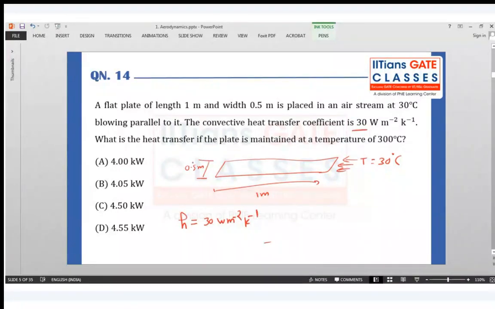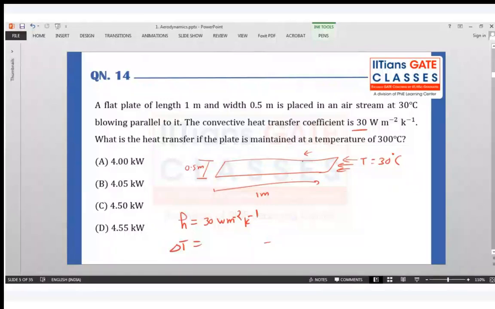Now, what is the heat transfer if the plate is maintained at a temperature of 300 degrees Celsius? The convection is happening outside, so your air is at 30 degrees and the plate is at 300 degrees Celsius.